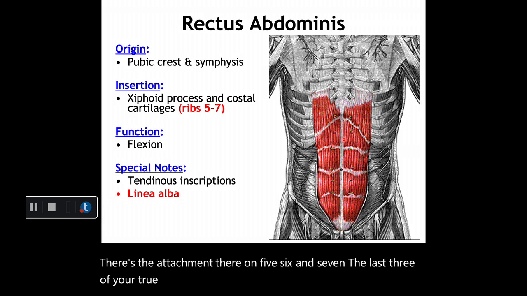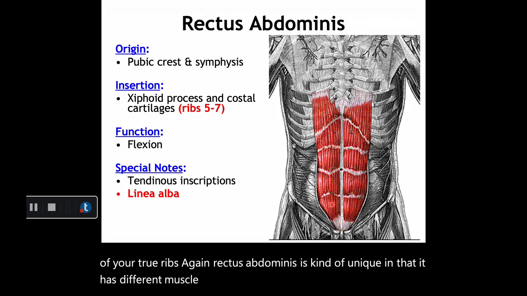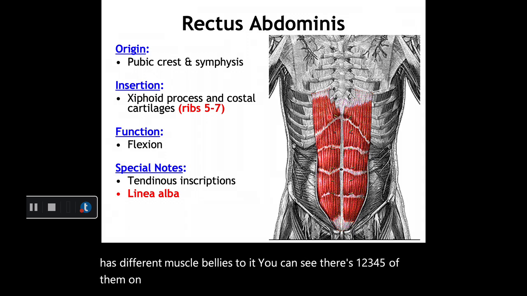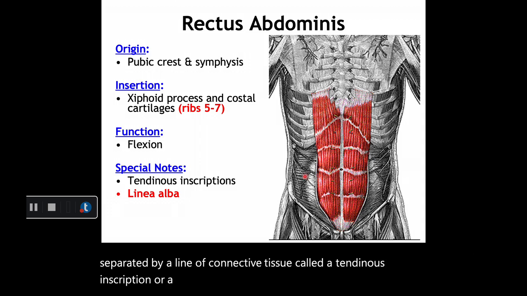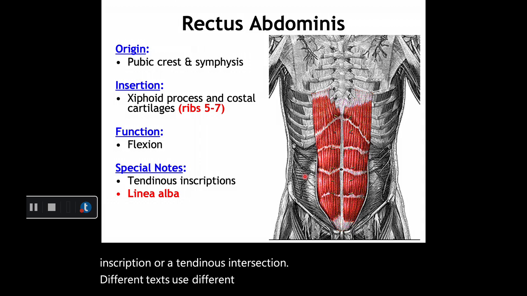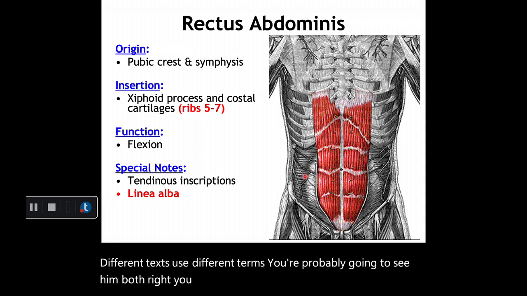Again, rectus abdominis is kind of unique in that it has different muscle bellies to it. You can see there's 1, 2, 3, 4, 5 of them on each side, and each of those muscle bellies is separated by a line of connective tissue called a tendinous inscription or a tendinous intersection. Different texts use different terms. You're probably going to see them both, right? You've got to know what both of them are, even though they're talking about the same thing.